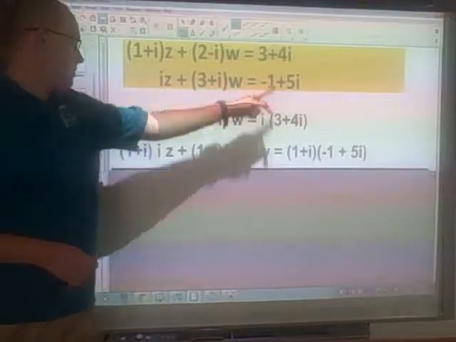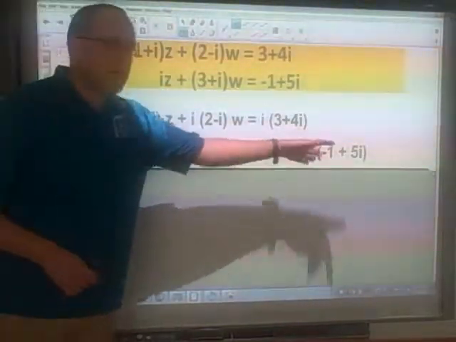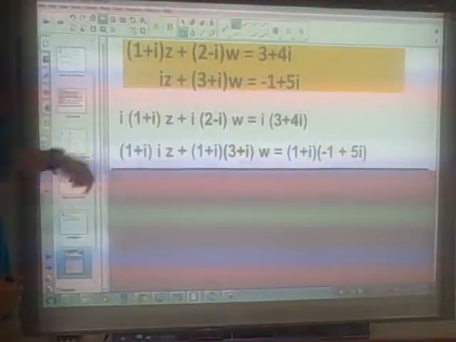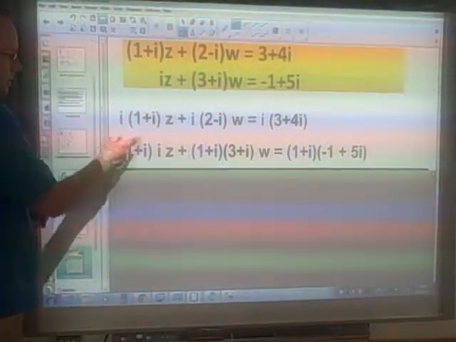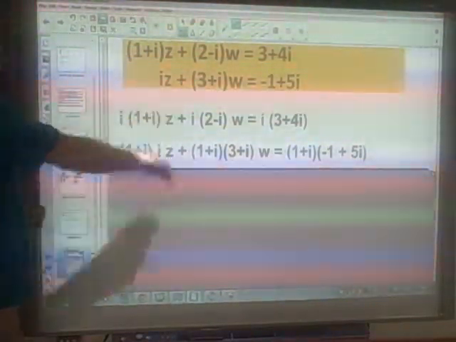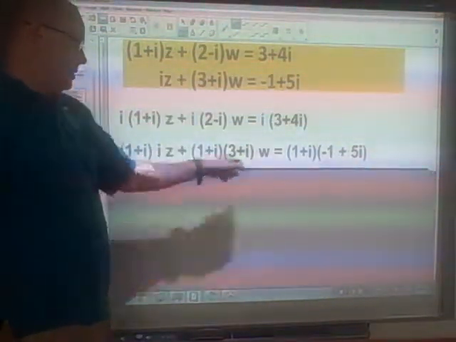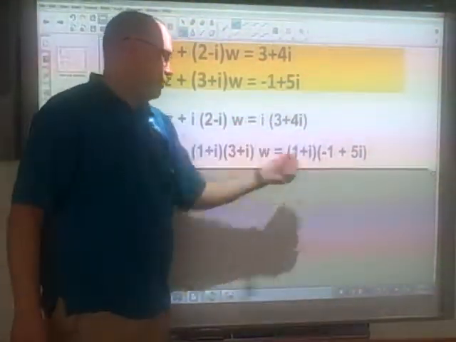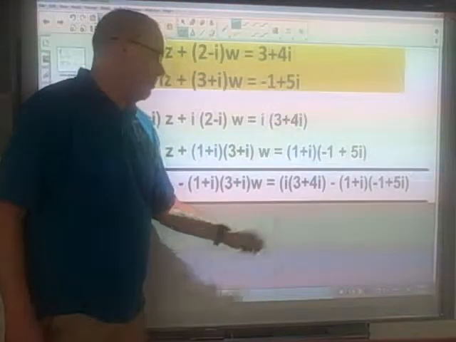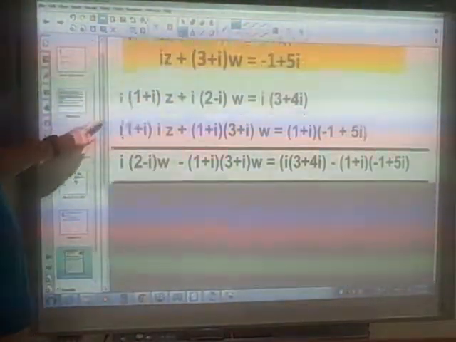I'm going to times everything on the bottom by 1 plus i. And then when I subtract, these you can see are the same using the commutative rule. This would cancel out and I would eliminate my z component. So I'm going to have this take away this equals this take away this. And at this stage I'm not even going to work out what that is, I'm just going to say that's what we're going to do.